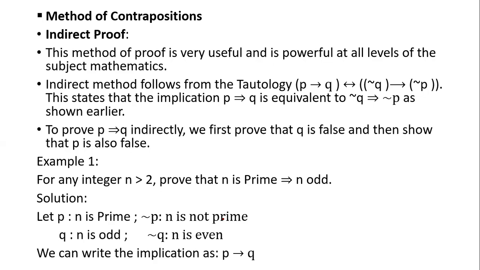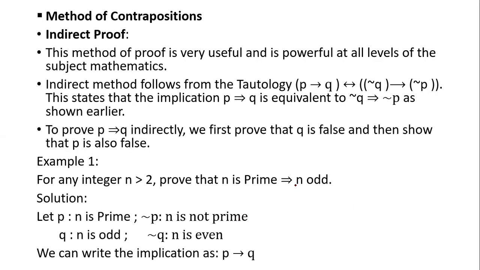So we can now bring in the atomic statements. P is: n is prime. The conclusion part is: n is odd. So we have P as n is prime, and the negation, not P, is n is not prime.